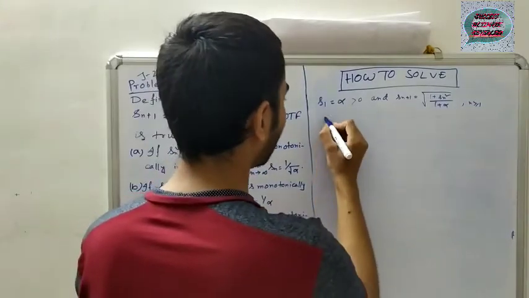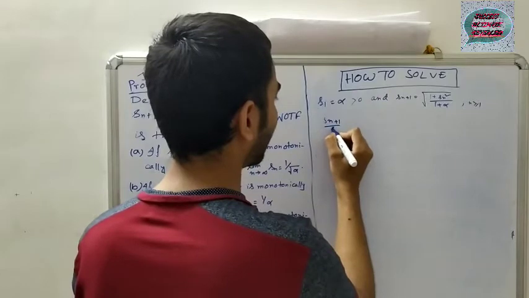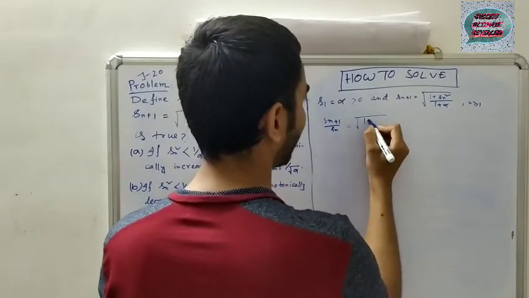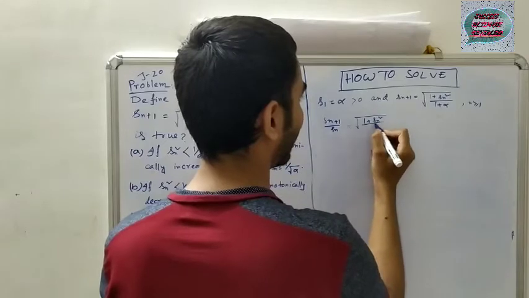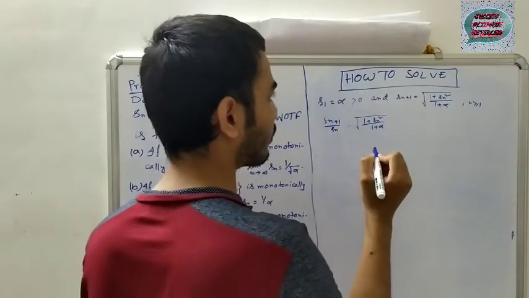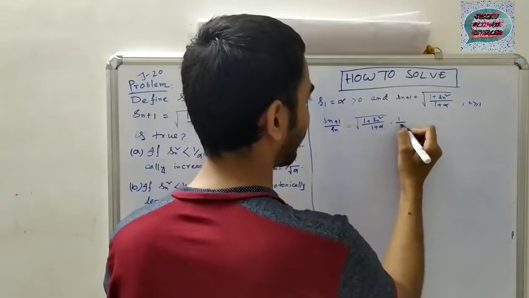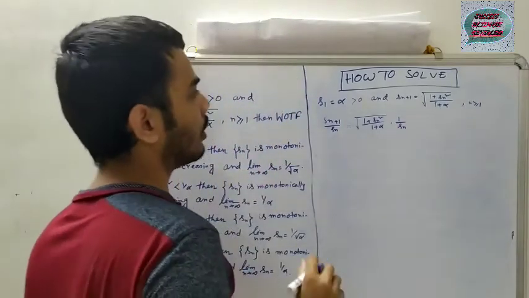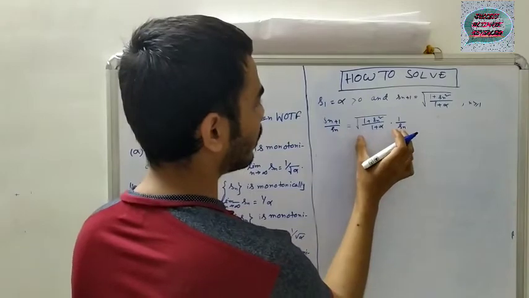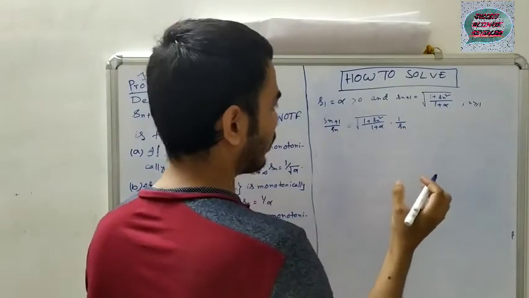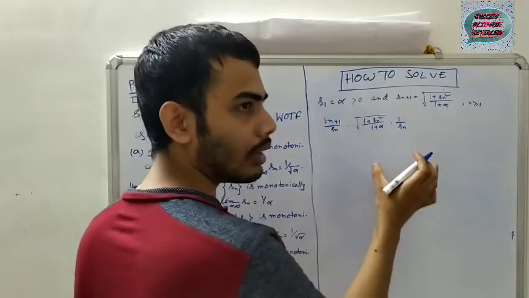First we calculate Sn+1/Sn, which equals root of (1 + Sn²)/(1 + alpha) into 1/Sn. For a monotone increasing sequence this is greater than or equal to 1, and for a monotone decreasing sequence this term is less than or equal to 1.